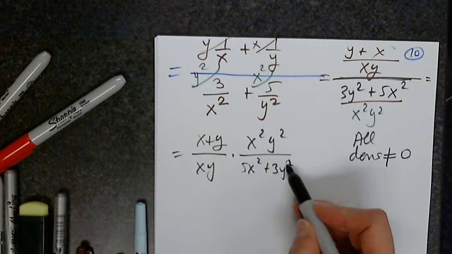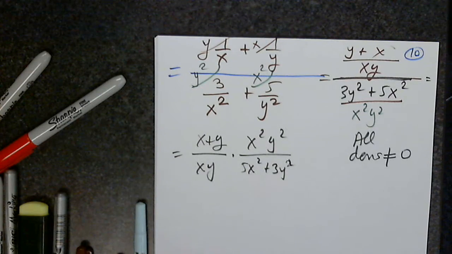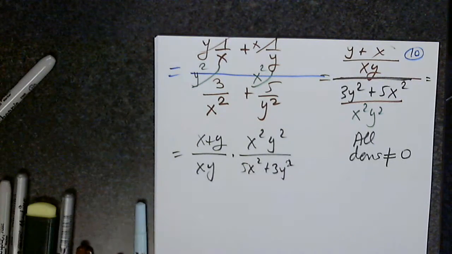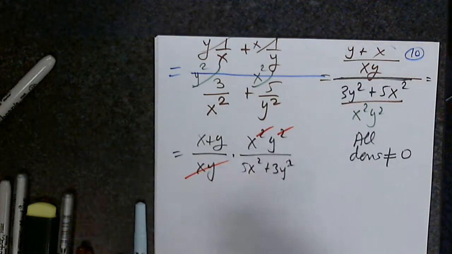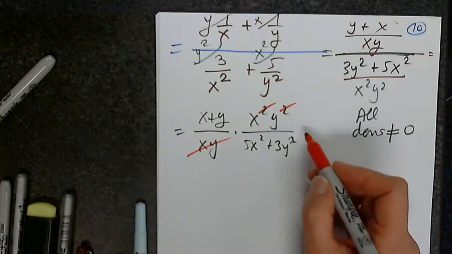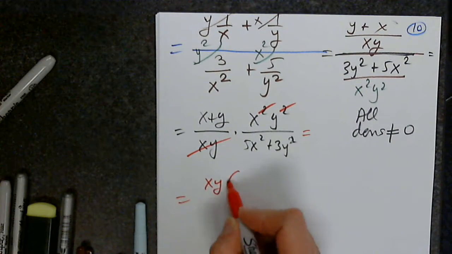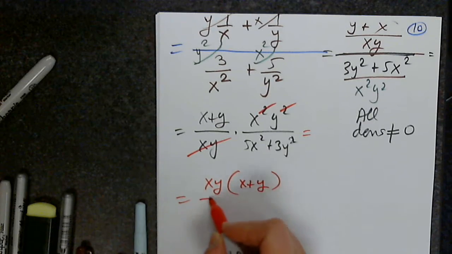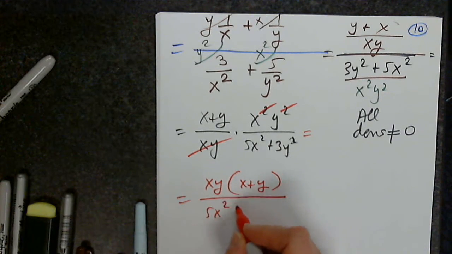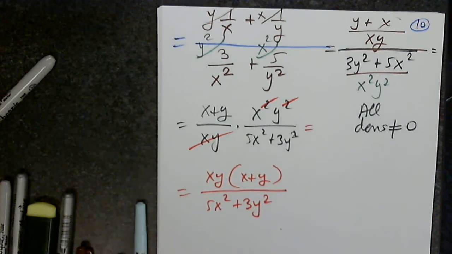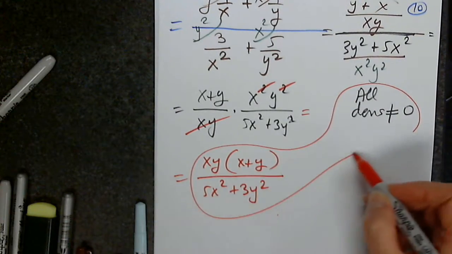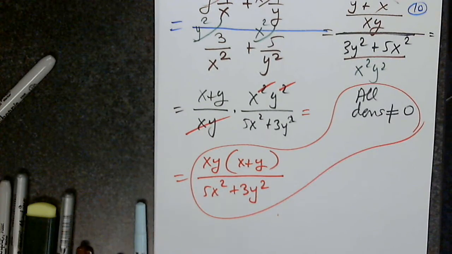Good. What goes away? Anything, please, anything. The square and the... oh. Good. So then, this is xy in parentheses x plus y, and the denominator is 5x squared plus 3y squared. Assuming all denominators are not 0.